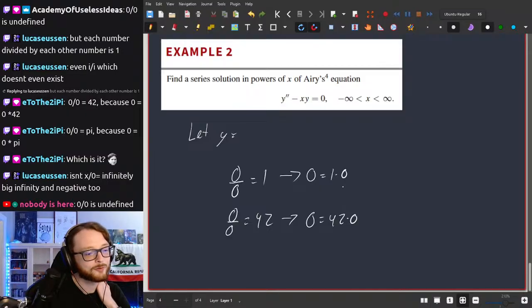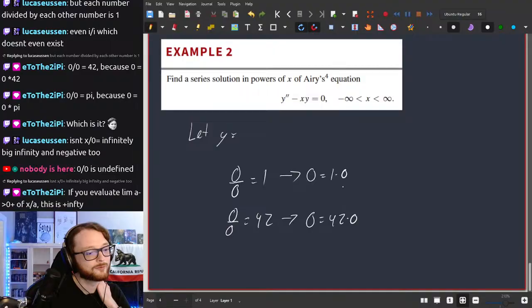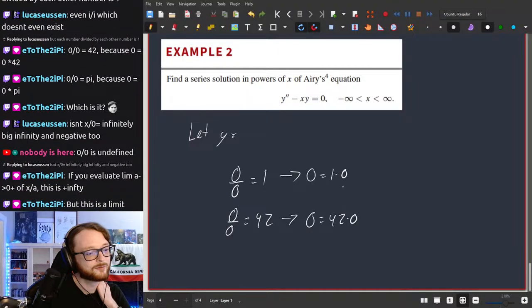Isn't x over 0 equal to infinity and negative infinity? It depends. The exact thing that you wrote is undefined because you're just dividing by 0 and that's not defined.